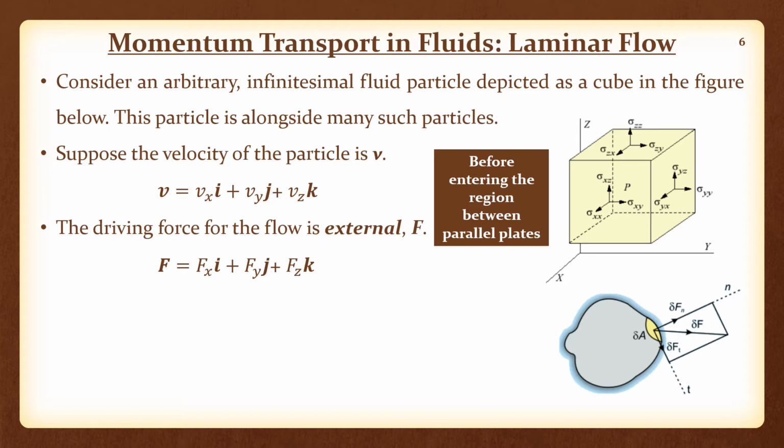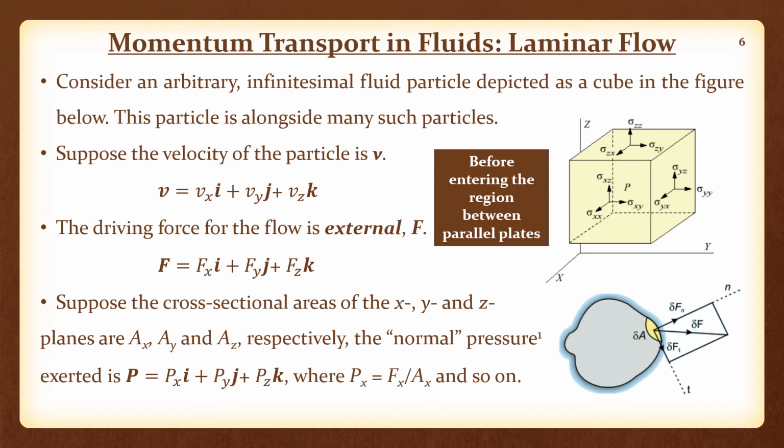There probably is some high pressure region where the fluid is pressurized to flow in a certain direction, and that force is the external driving force. Let us call it F.